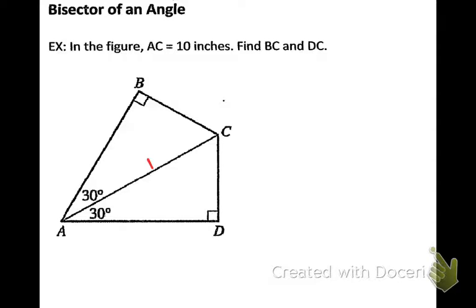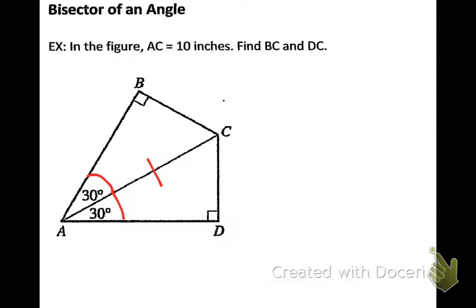They share the hypotenuse, and they both have a 30-degree angle. So what could I say about the two triangles? Eli? Yeah, they're congruent by hypotenuse angle. So let's find BC, and if we find BC, then CD corresponds to it. We'd know CD.